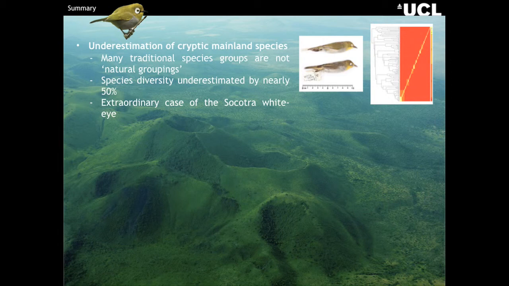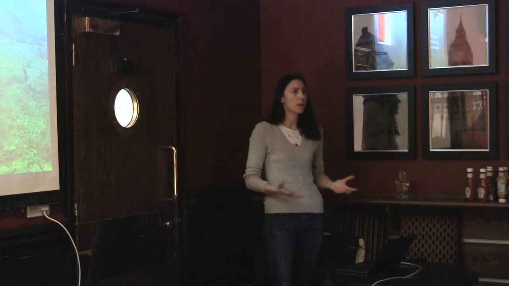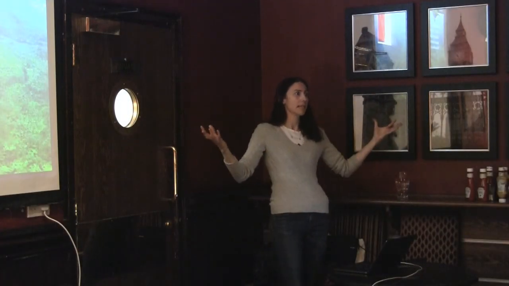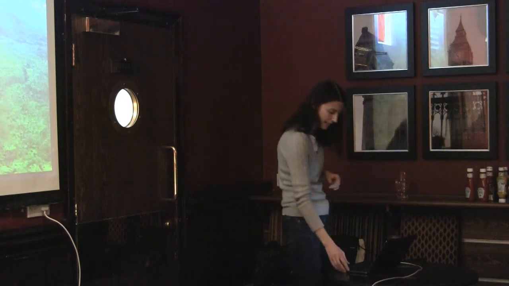And I've also shown you some examples, particularly an extraordinary case of the Sotra white-eye. It's a classic case of cryptic speciation, where you have birds that look exactly the same, but genetically they're completely different. They're not each other's closest relative.